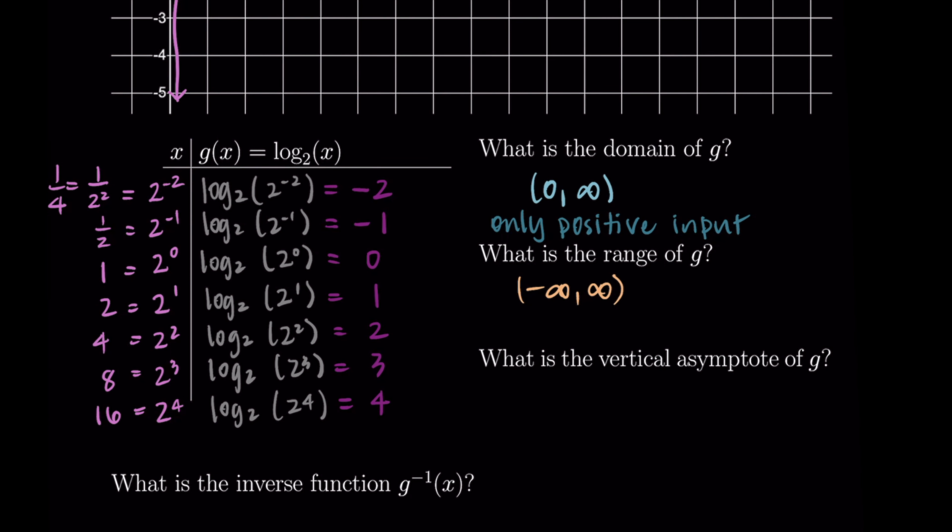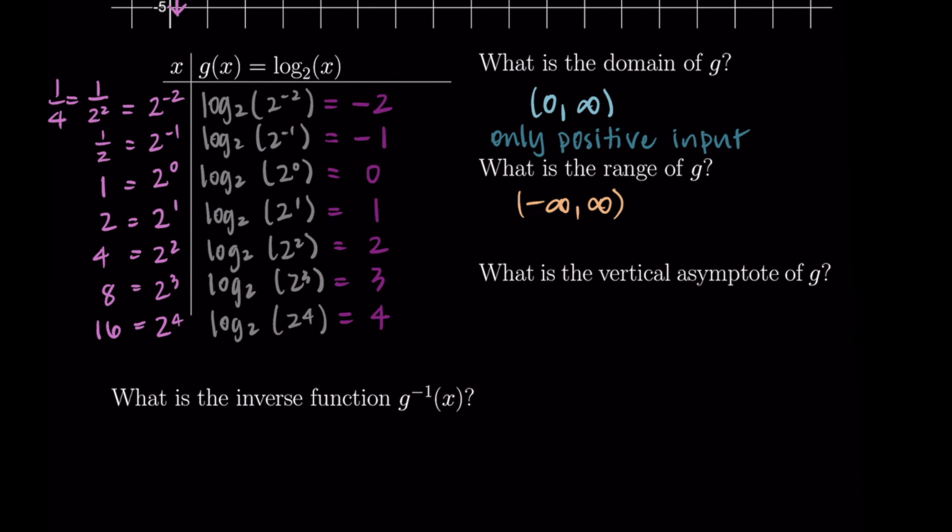And again, remember the domain and range, when you go to the inverse, they switch. The domain of the log is the range of the exponential, and the range of the log is the domain of the exponential. So those just swap. Now we're going to have a vertical asymptote instead of a horizontal one.